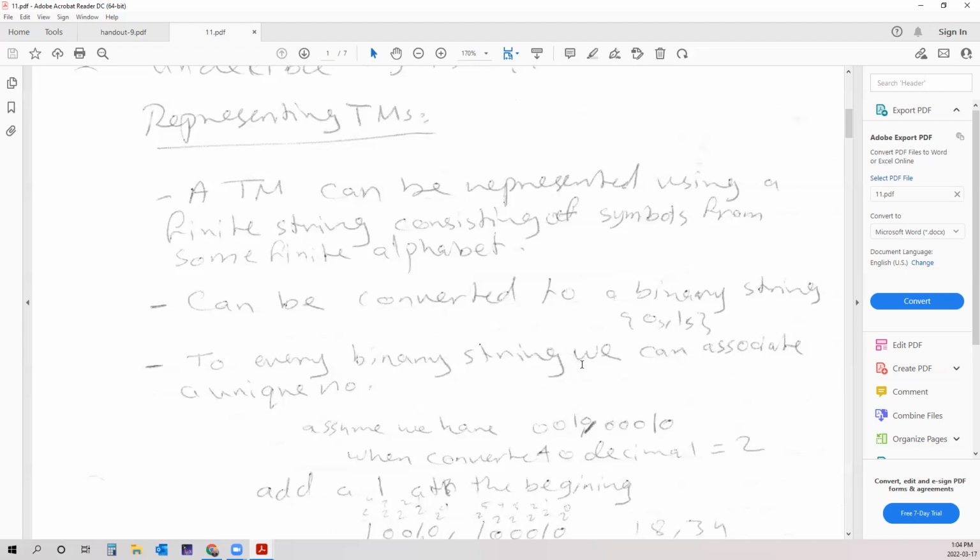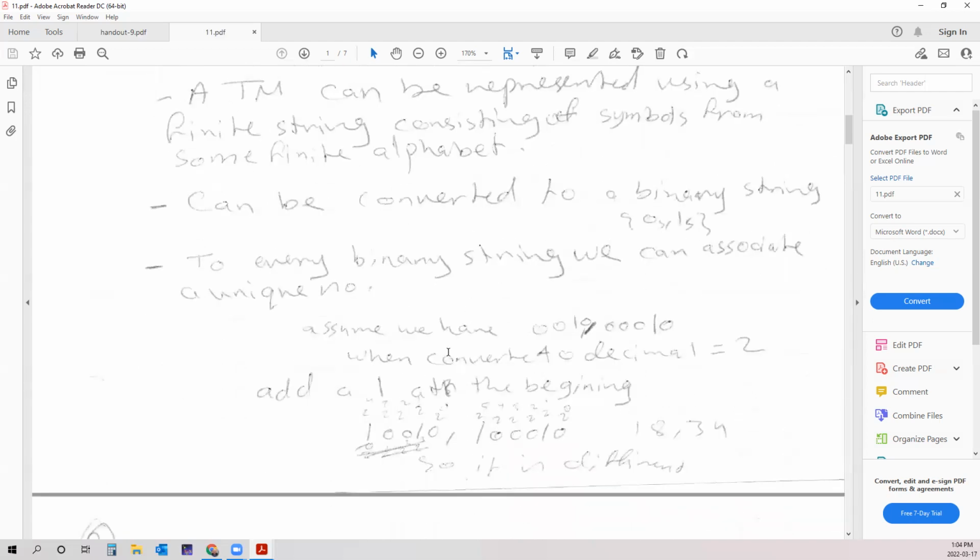To every binary string, we can associate a unique number. Assume we have the string 0010, or we have 00010. When converted to decimal, both of them equal 2, because the zeros on the left don't matter, no matter how many zeros I have.